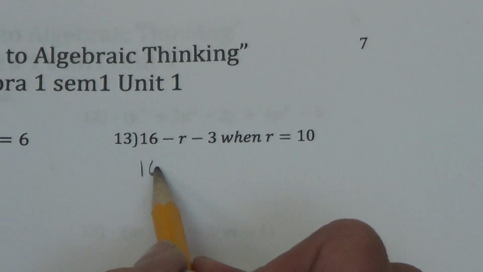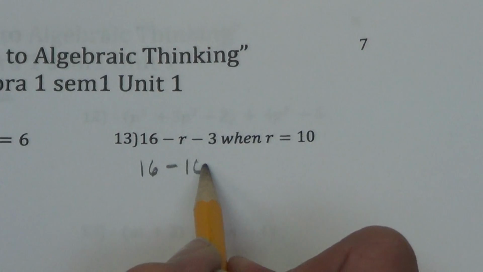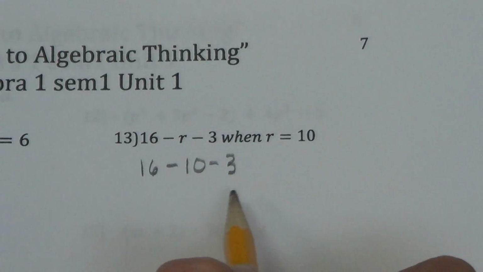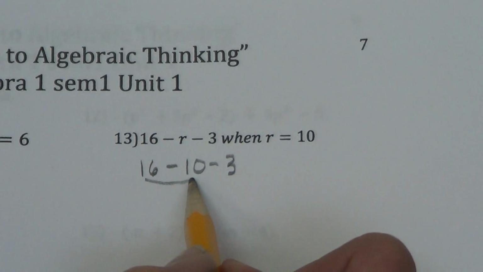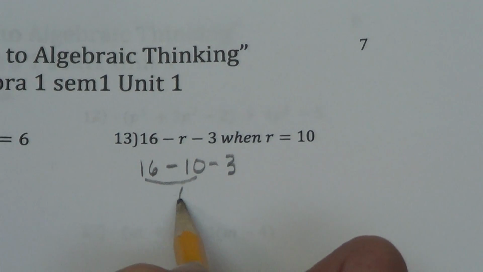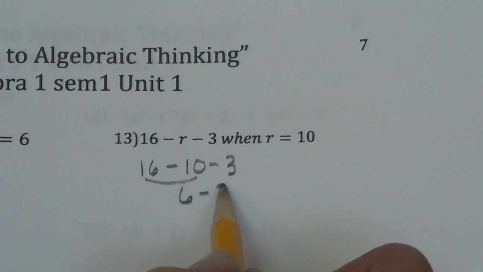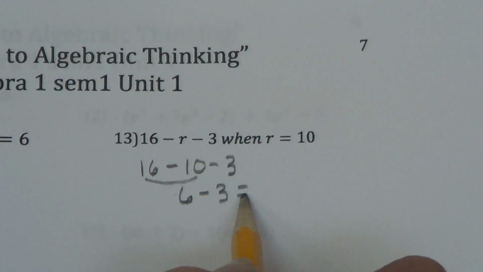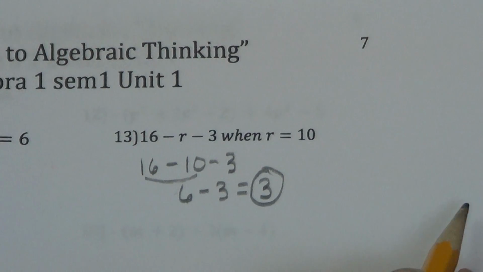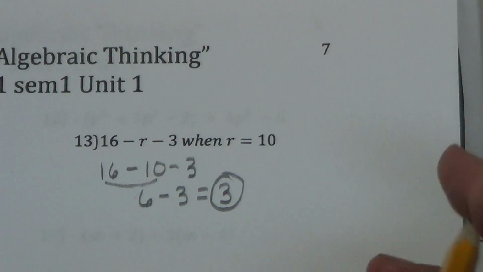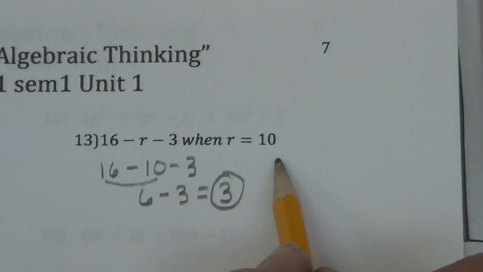16 minus 10 minus 3. Remember, you go left to right, so 16 minus 10 is 6, minus 3 is 3. Now, had you not done order of operations, you might have made a mistake there.